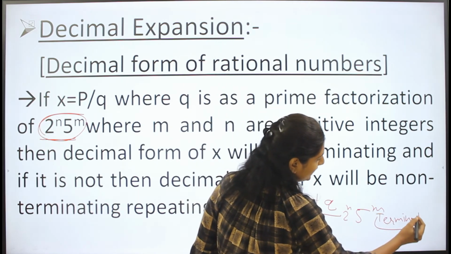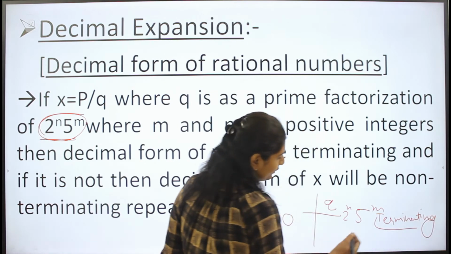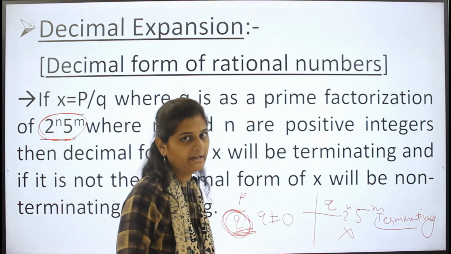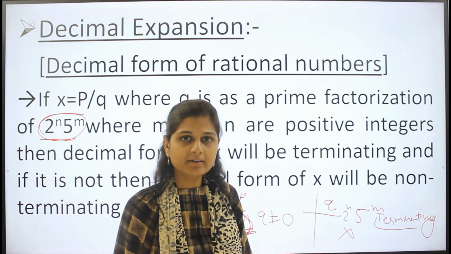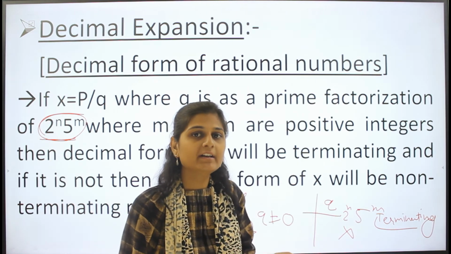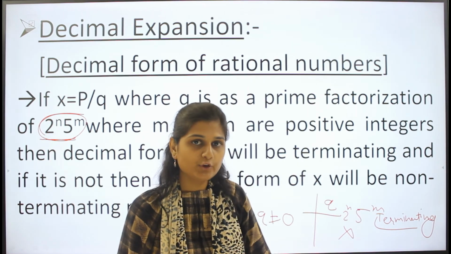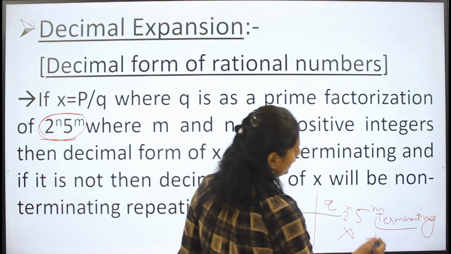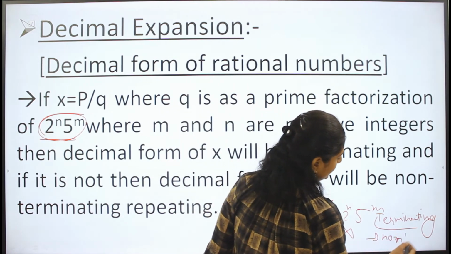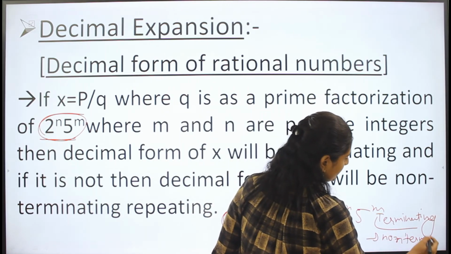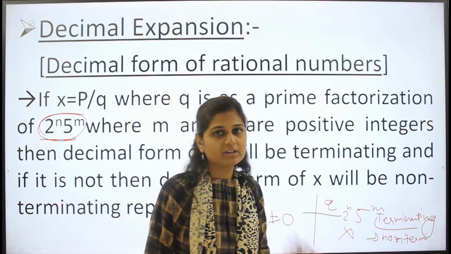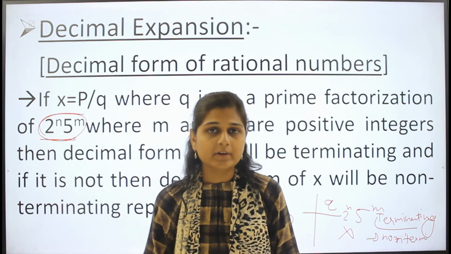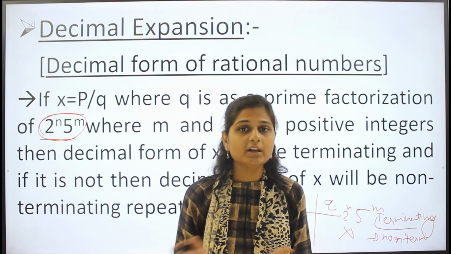And if you are not getting this form, that means you are getting another value except 2 and 5 in the factors of q, then that will be your non-terminating value. Okay, this will be asked in your MCQ or long question.